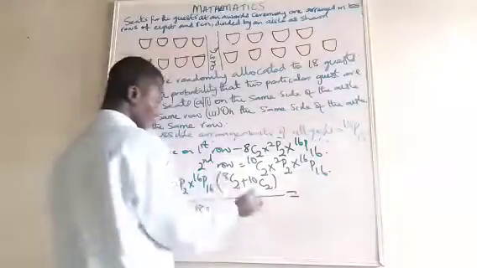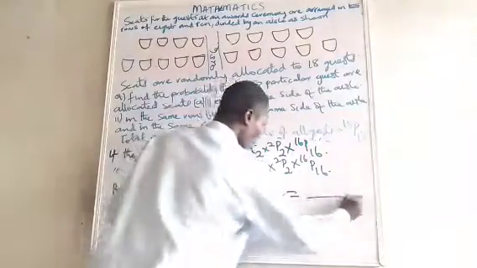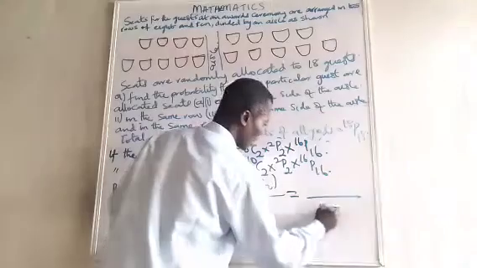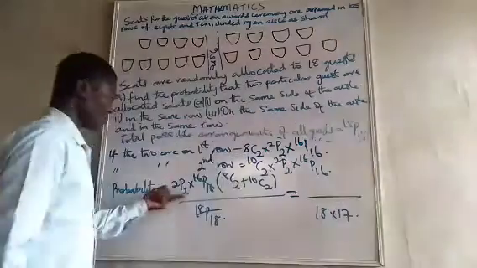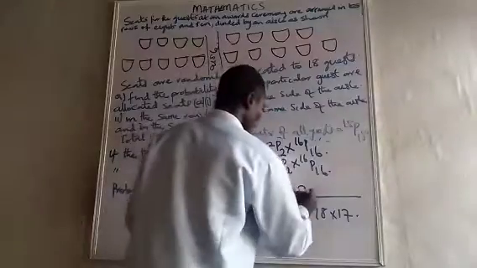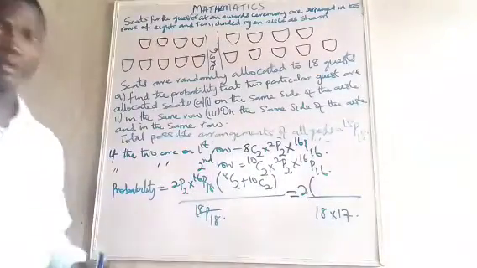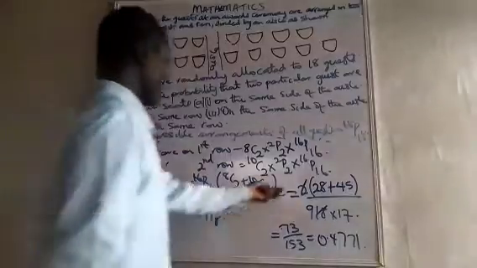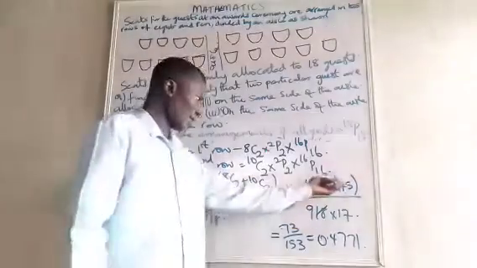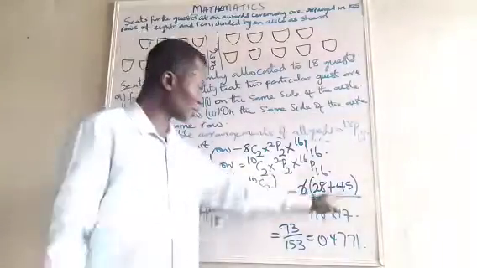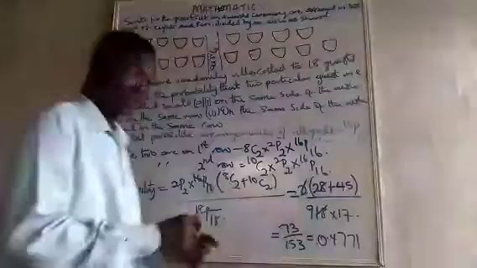We could have done it straight, but just to simplify it, this will give us 18 times 17. What's 2P2? 2. What's 8C2? Let's work it out. So you can see 2 in 18 is 9, and then 8C2 is 28, 10C2 is 45, and then you can see we got the same answer.